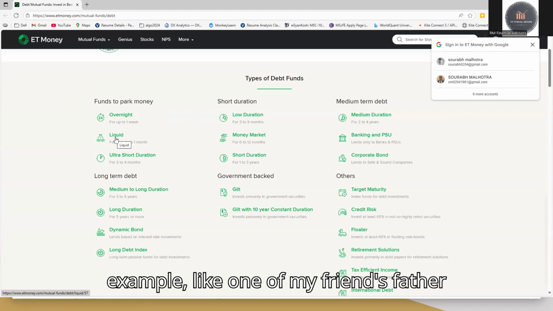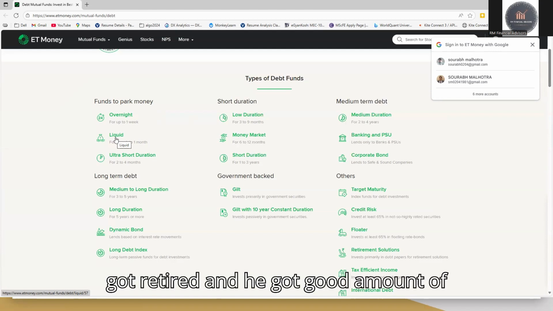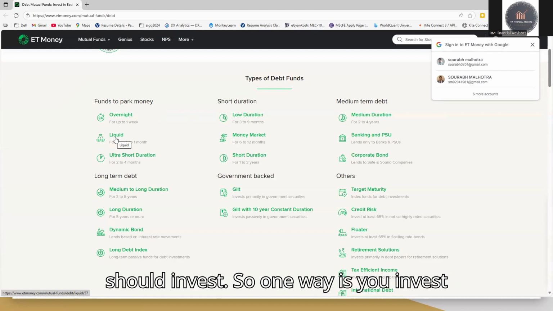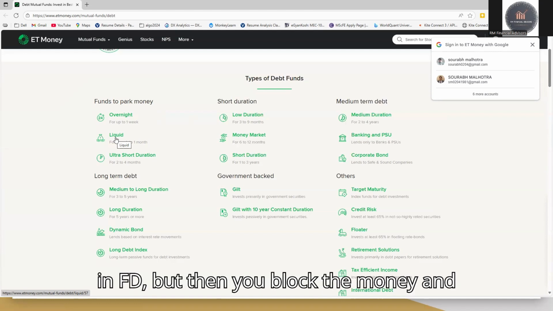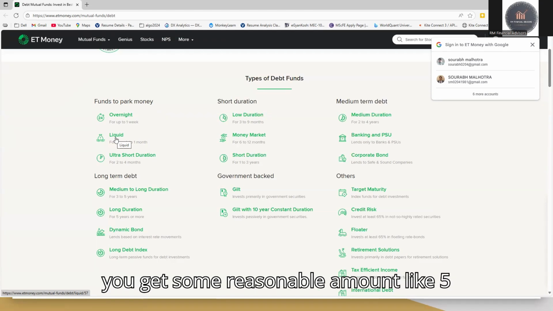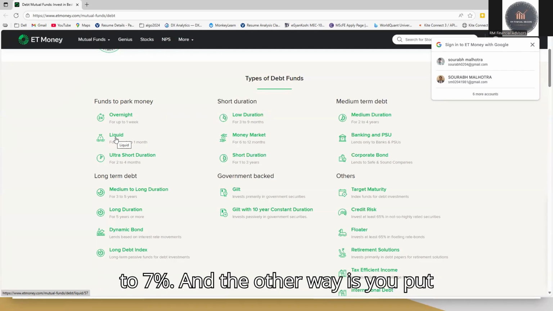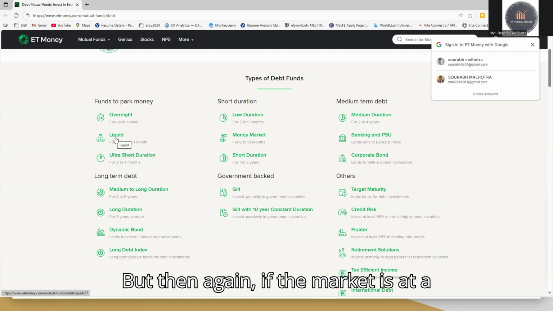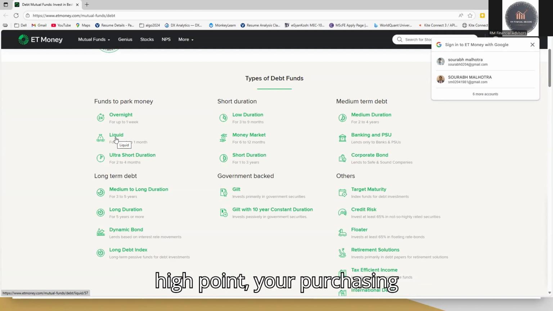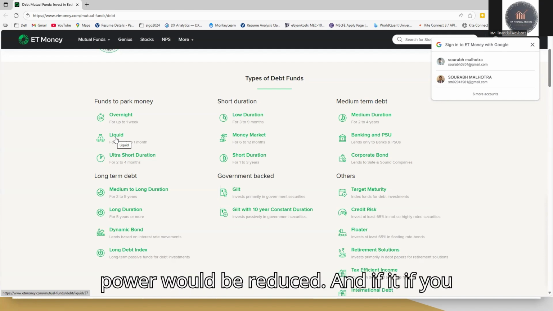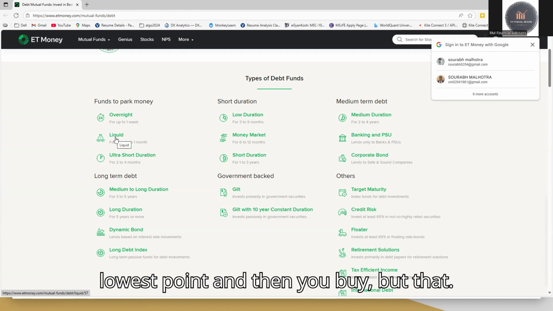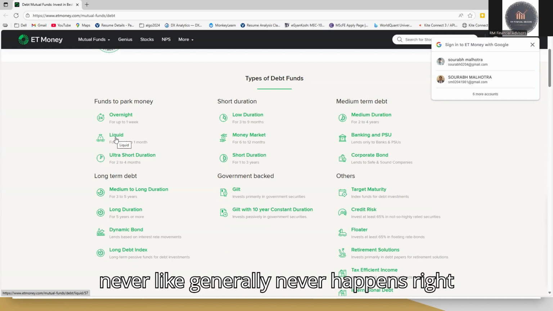Like one of my friend's father got retired and he got a good amount of money, and then he asked where he should invest. So one way is you invest in FD, but then you block the money and you get some reasonable amount like 5 to 7%. And the other way is you put everything into stocks or mutual funds. But then again, if the market is at a high point, your purchasing power would be reduced. And if you are very lucky and the market is at the lowest point and then you buy, but that generally never happens, right?